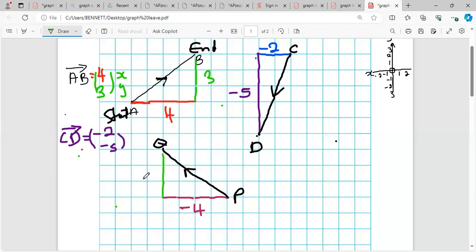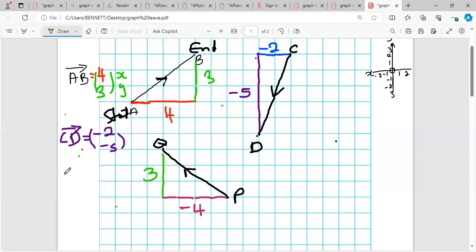So should this be negative or positive? What do you guys think? Positive, sir. Yeah, because you're going up in y. If we were going down, then we would have -3. But because we're going up, y has to be positive.